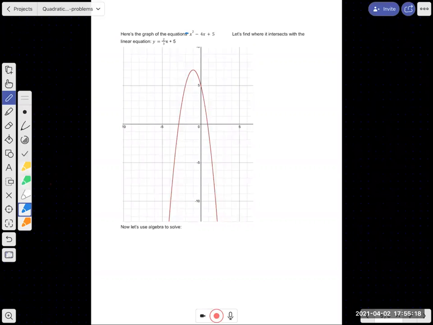More than the minus sign got lost. So this is minus 2x squared minus 4x plus 5. And we're going to see about having another equation and see where it intersects.